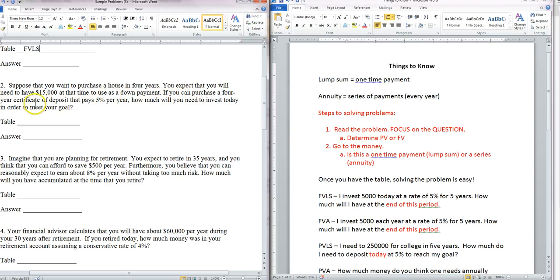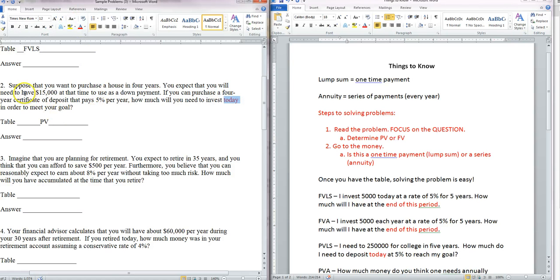If you can purchase a 4-year CD that pays 5%, focus question, how much will you need to invest today? Well, what is today? Today is present value. Because we already know we want this future amount of $15,000. We want to know how much to invest today, the present value.